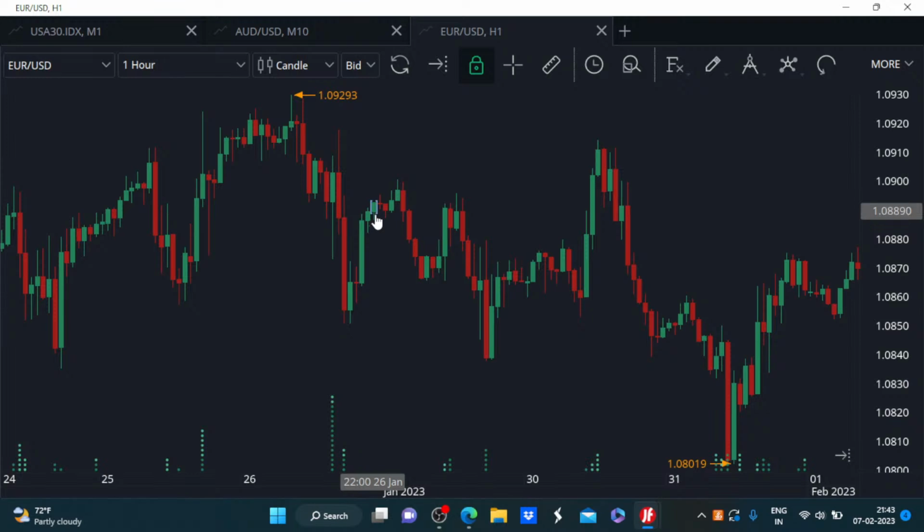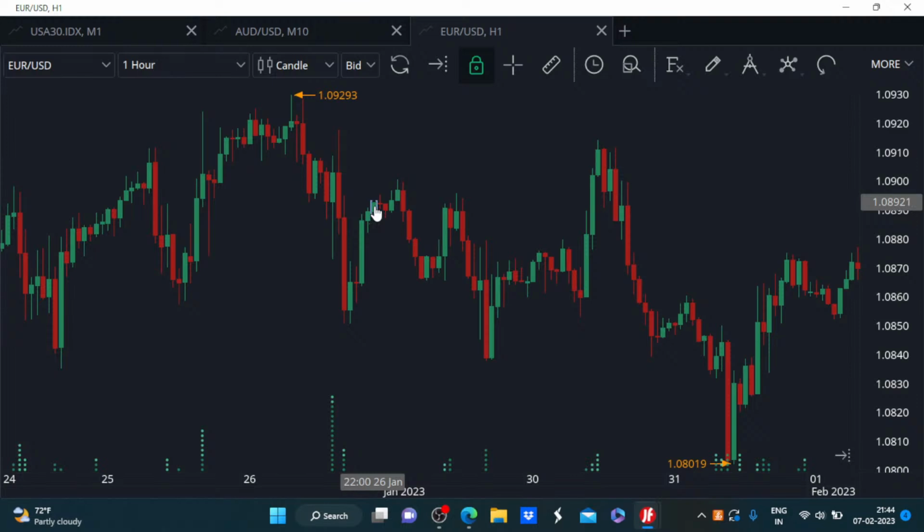And the opening price of this third candle should be contained within the real body of the second candle, and the real body, that is the difference between the opening and the closing price, needs to be less than the difference of the opening and the closing price of the second candle. So these successive candles should have smaller and smaller real bodies. And at the same time, we also have to ensure that the upper shadow of this third candle needs to be significant enough.